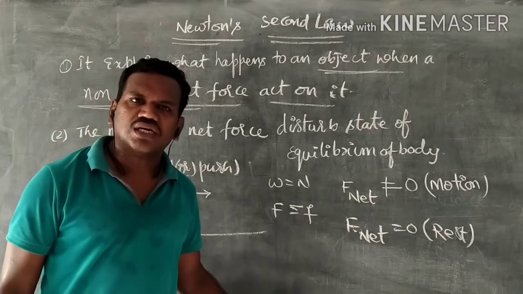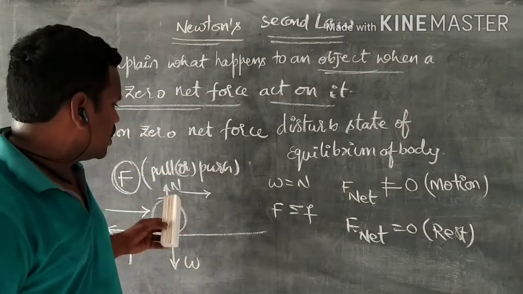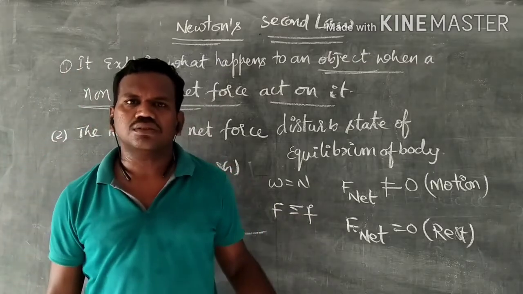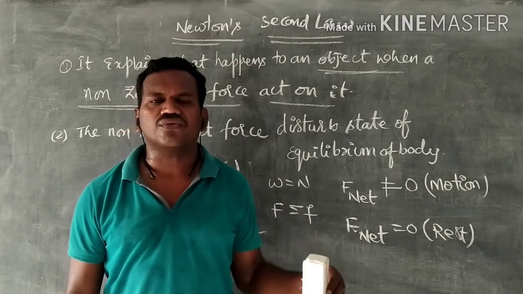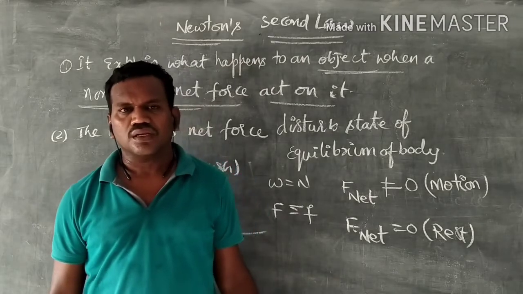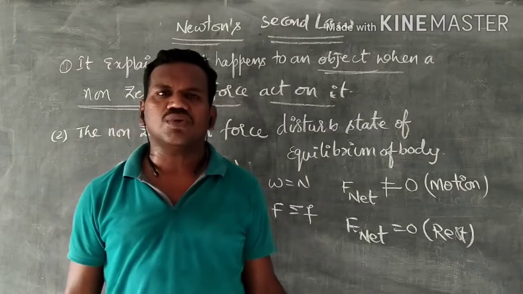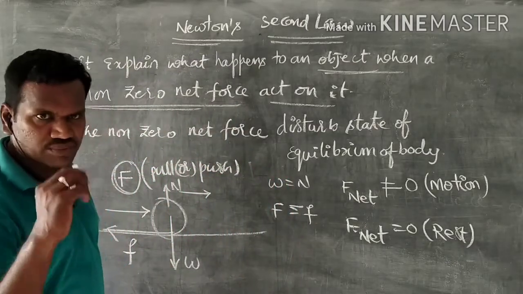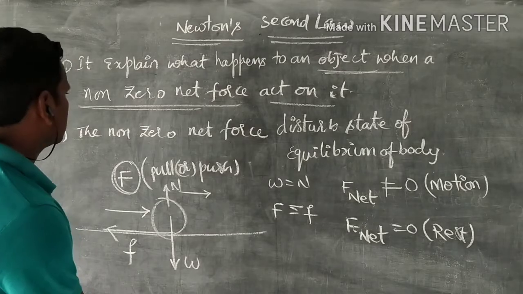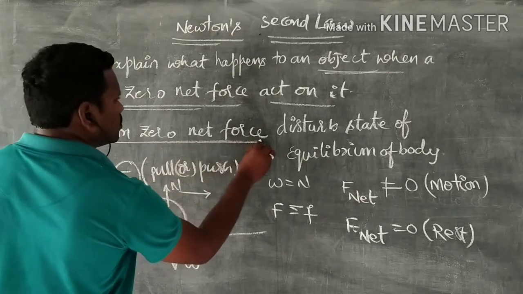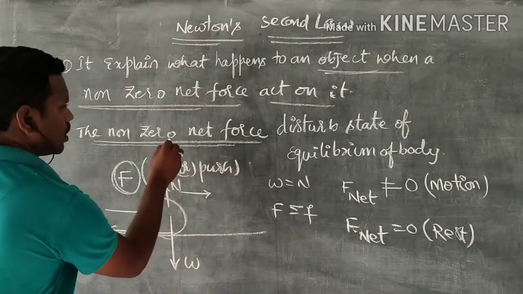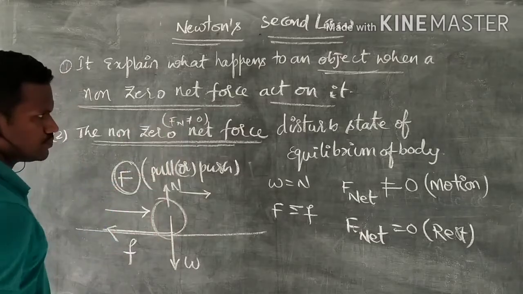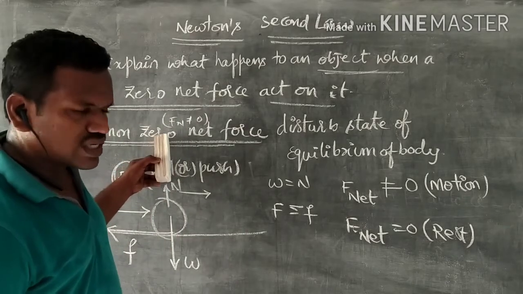From this, what we understood is that if a body is to be in motion, some amount of force must be applied on it. If a net force is applied on the body, then the body will come into motion. From this explanation, F net not equal to 0 is called non-zero net force.